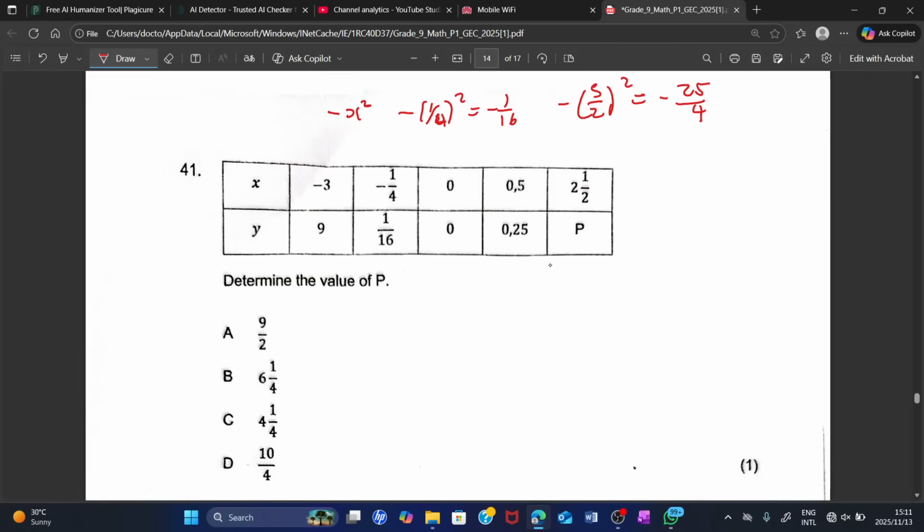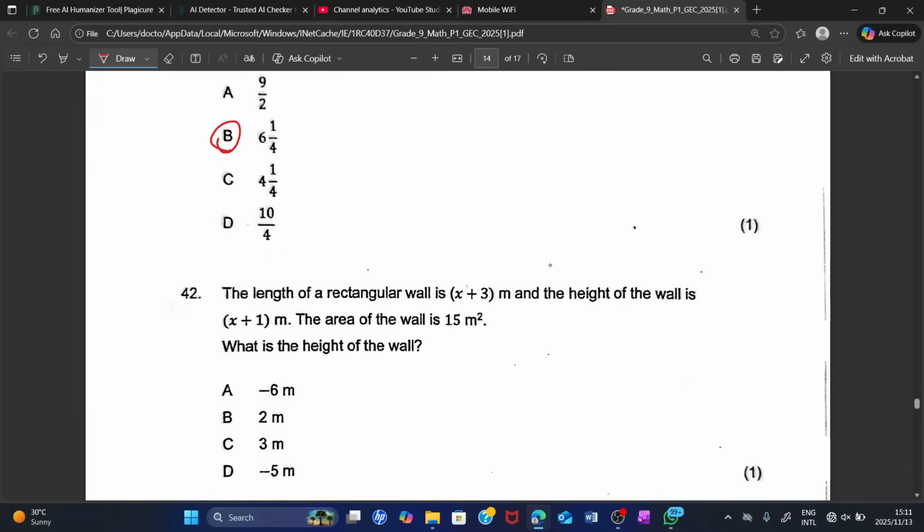Oh, yes. So meaning that it will be negative. No, we are replacing in a positive one. So we are replacing not in a negative, in a positive. So it will be 25, which is the same as B. So the answer is B.